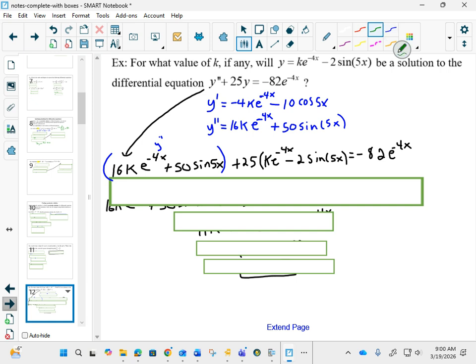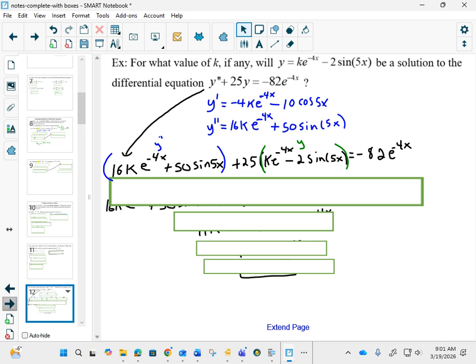In these green brackets, I substituted in y. It looks a little bit messy at this moment. And we're supposed to find out if there's a k value that makes this actually work.